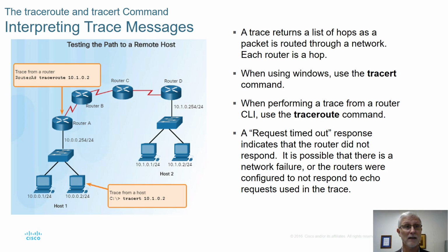Now, if a trace times out, that means that the router couldn't respond. So it could have been the network's down, connectivity of the network. It could have meant that the router itself was down. So there's a lot of different options when you get a trace, but it's just saying I'm going to follow the path from computer A, and which routers am I hitting before I get to computer B that I'm tracking.